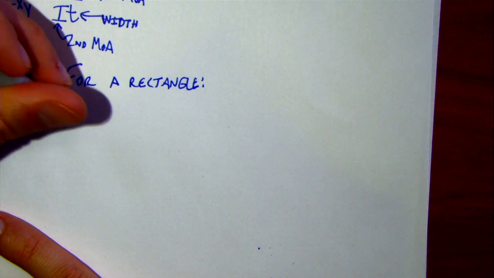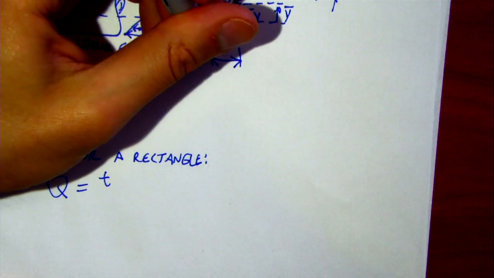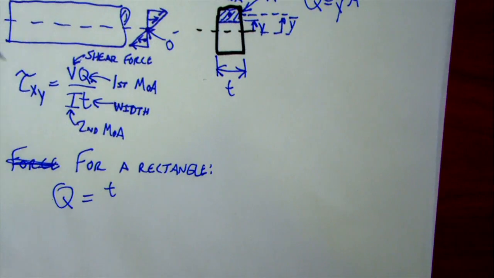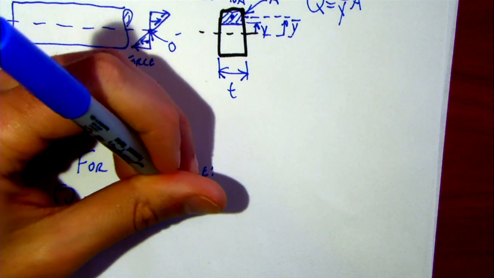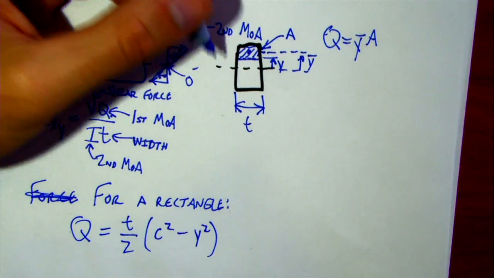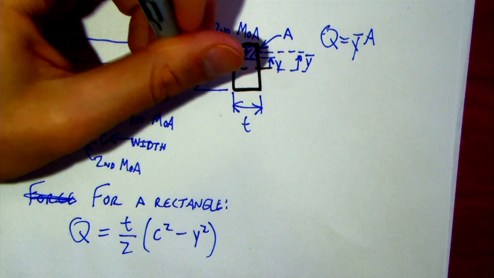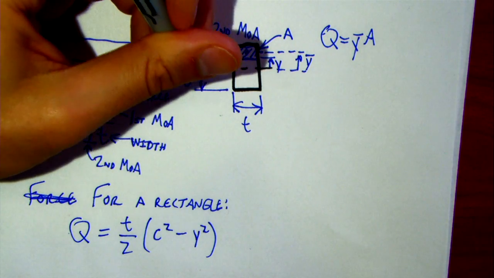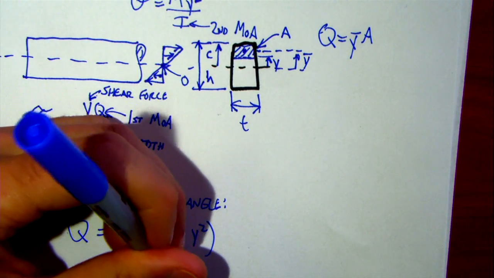So for a rectangle, Q equals the thickness, be like that width there, over 2 times c squared minus y squared, where c is kind of like your half height, or if this is h, c equals h over 2.